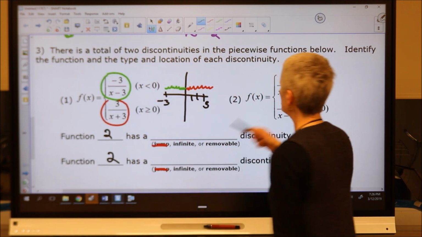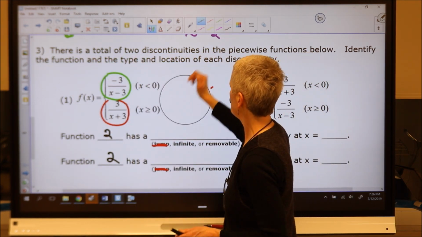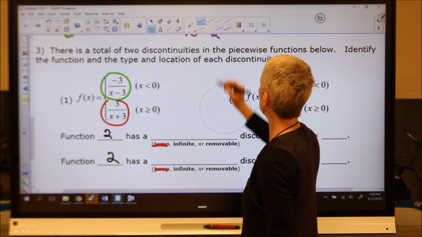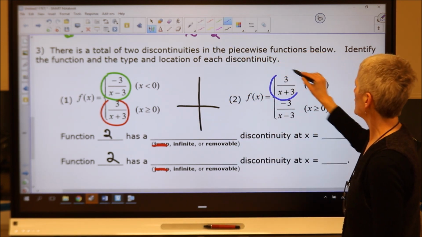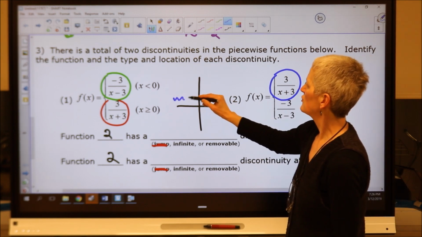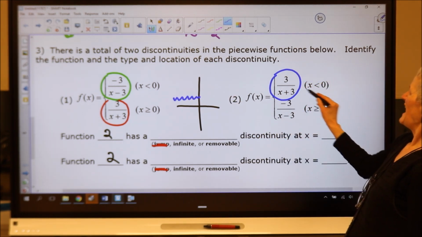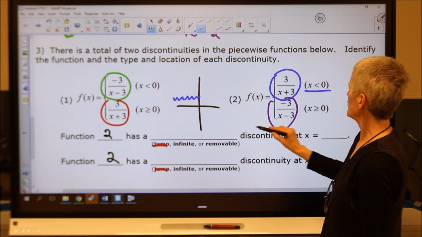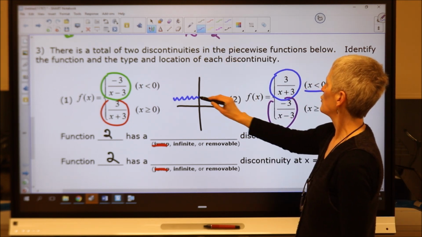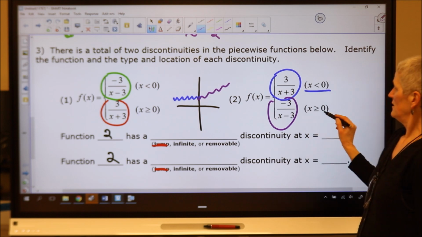So let's do kind of the same scenario here. And again, I'm not pretending that I'm graphing the function, but let's just say this is my blue function, and that blue function is for all x less than 0. Let's say this is my purple function for all x greater than 0.